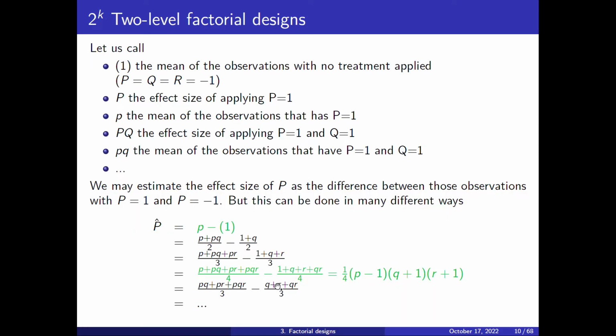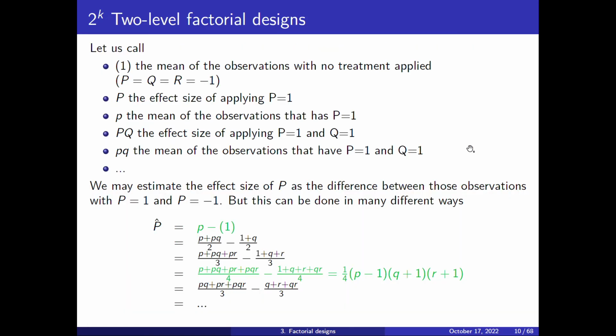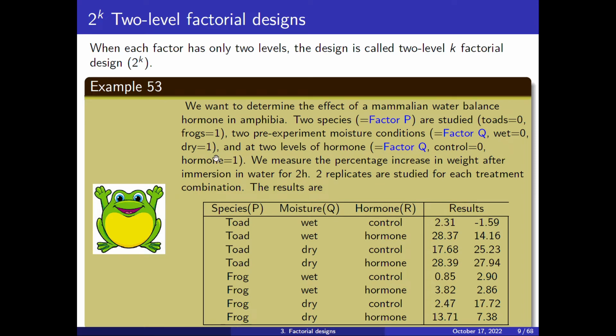So we can estimate like that, but we can also estimate like this, and there is not only one way of estimating this effect size of frogs, but there are many possible combinations: the mean of frogs plus the mean of wet frogs divided by 2 minus the mean of toads, wet, and control, plus q, the mean of dry, divided by 2.